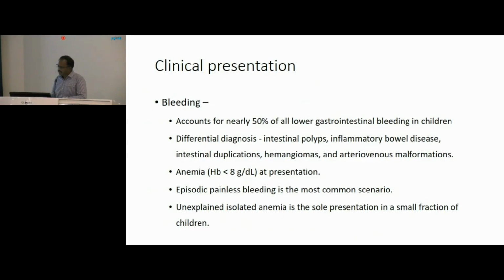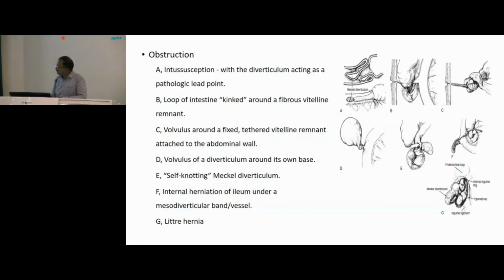So coming to the next case, obstruction, which is relevant to our index case. There are many ways in which Meckel's diverticulum can present as obstruction. These include intussusception, which is the more common way of presenting in a child, where the Meckel's diverticulum acts as a pathological lead point, and this type of intussusception usually doesn't reduce completely with pneumatic reduction.